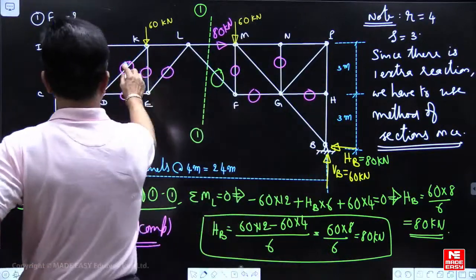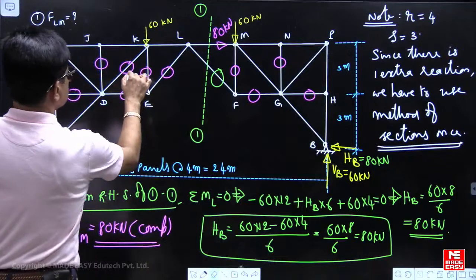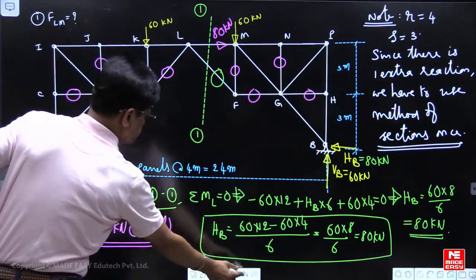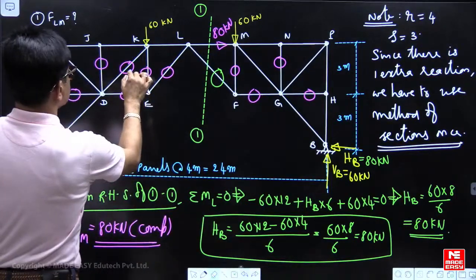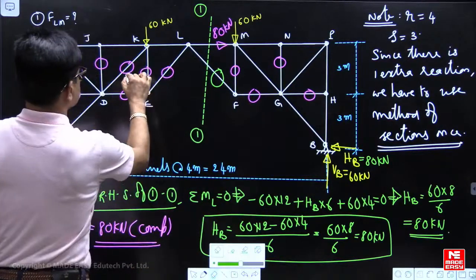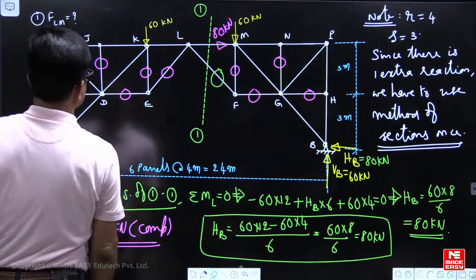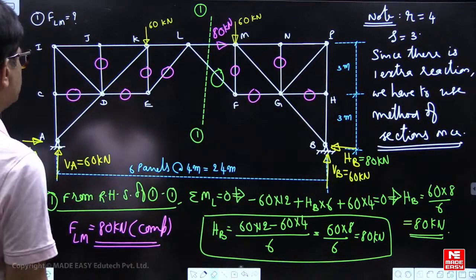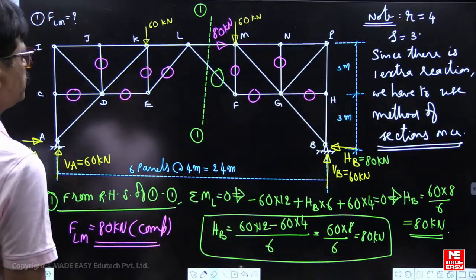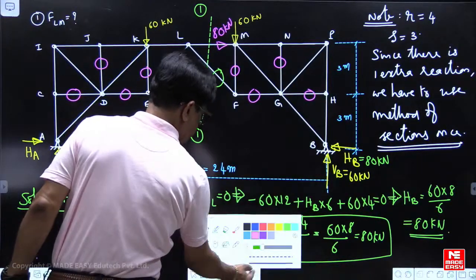So is the case here. We cannot say that this is 0. Like this. So total forces are, you will get 5, 10. 10 members have 0 force.